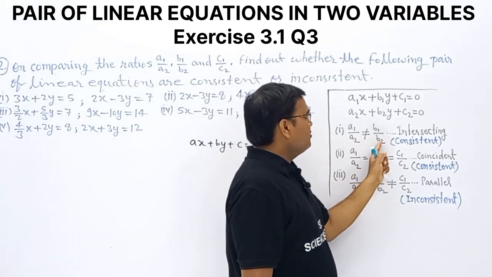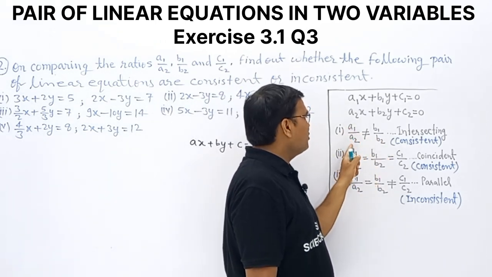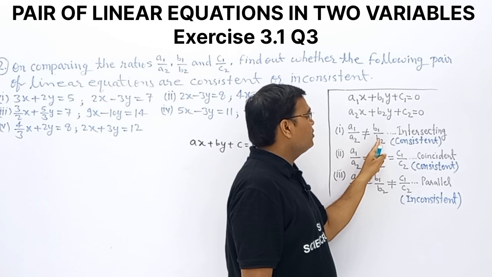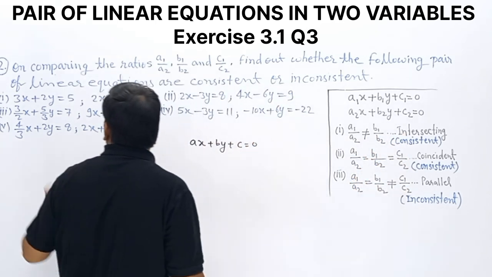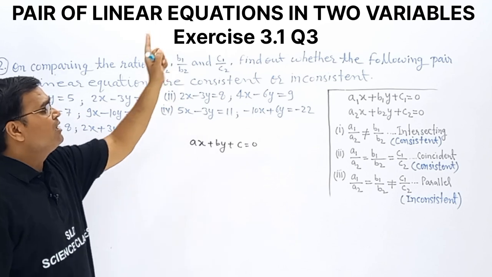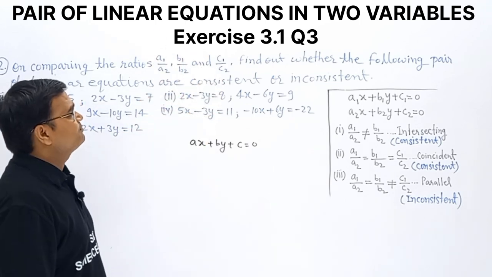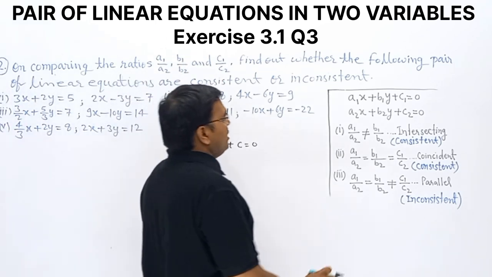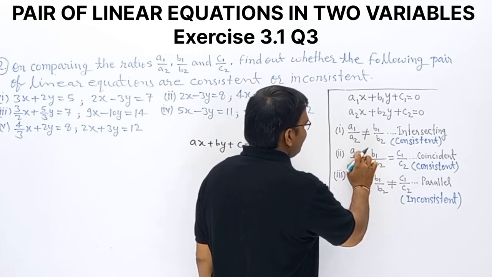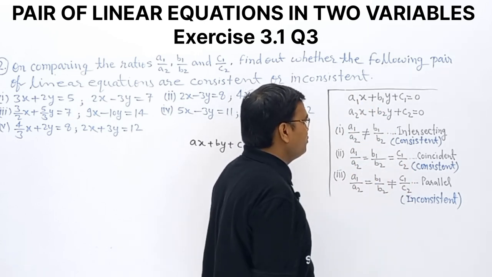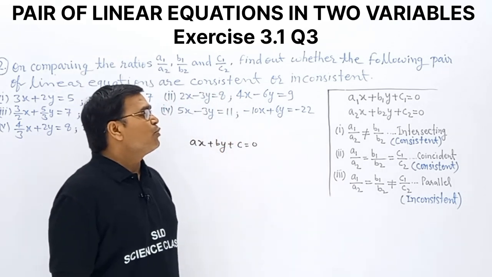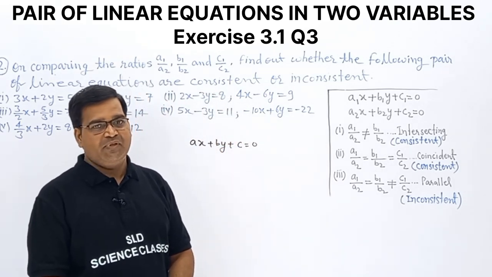When we are getting a1 upon a2 not equal to b1 upon b2, we can say the pair of linear equations is consistent. Clear? If we are getting the ratios a1 upon a2 equal to b1 upon b2 equal to c1 upon c2, this is coincident lines.